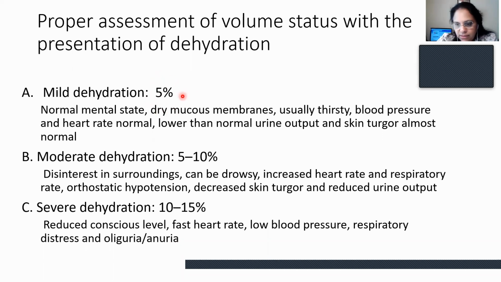This is called the deficit, right? Already there is a deficit of what the patient should be having. Now when you prescribe fluids to this patient, you have to give his normal requirement, the maintenance, and the deficit. Maintenance and the deficit.